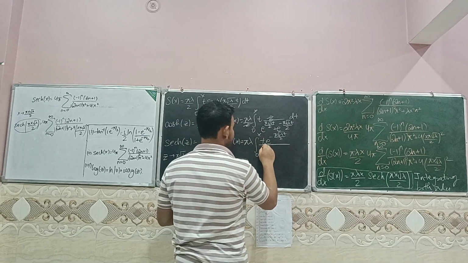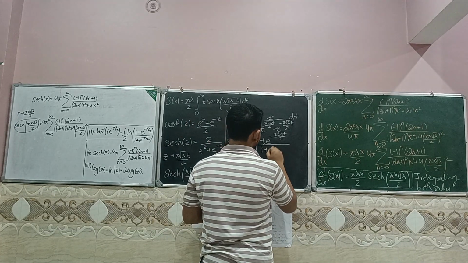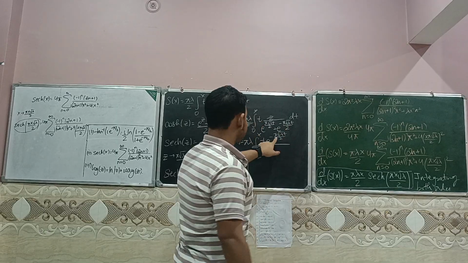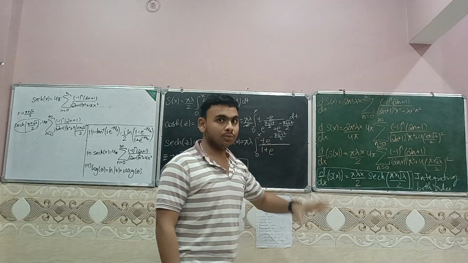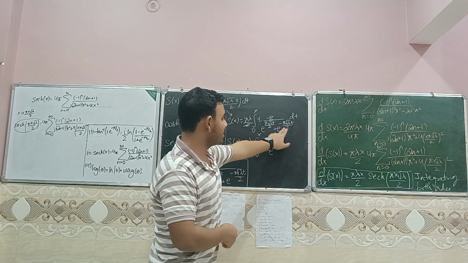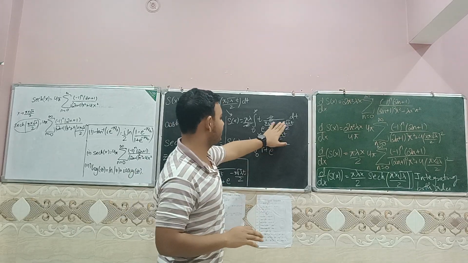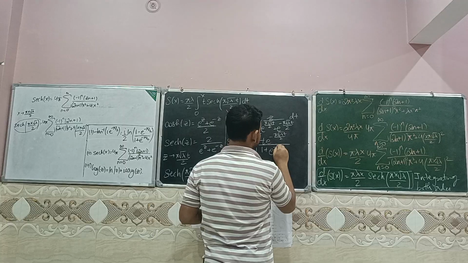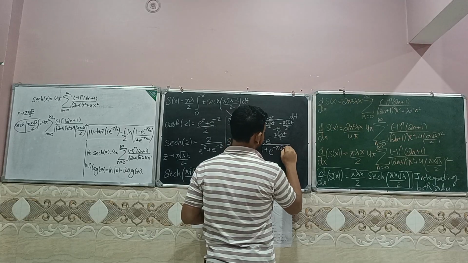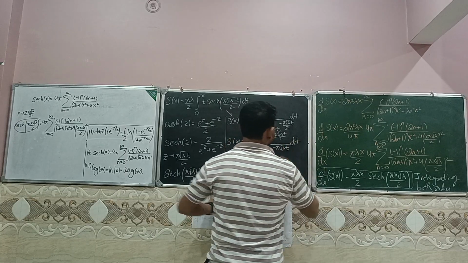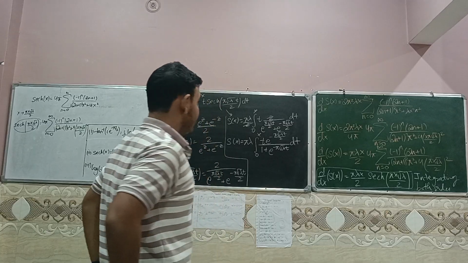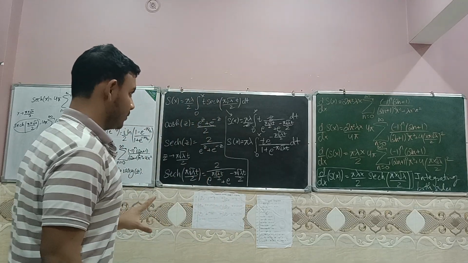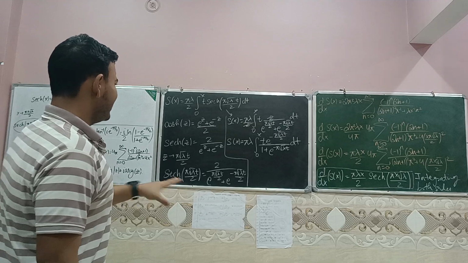So this becomes 1 plus e to the, and if I multiply this argument with this, it becomes 2 times this argument, so minus pi square root of lambda t, dt. Guys, I hope everything is understood so far, because it's quite easy to understand.